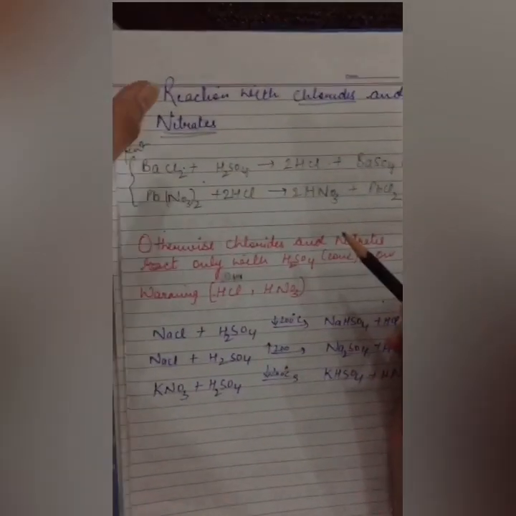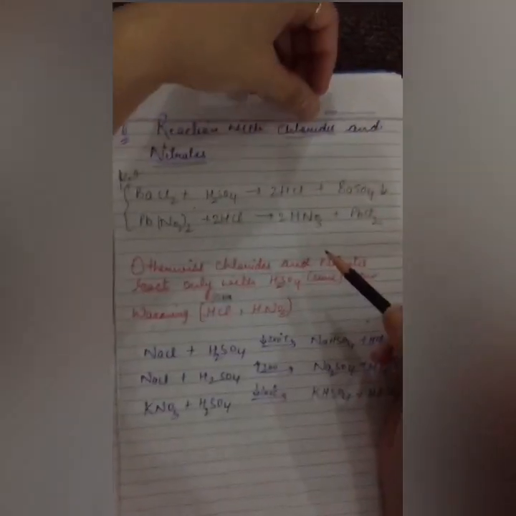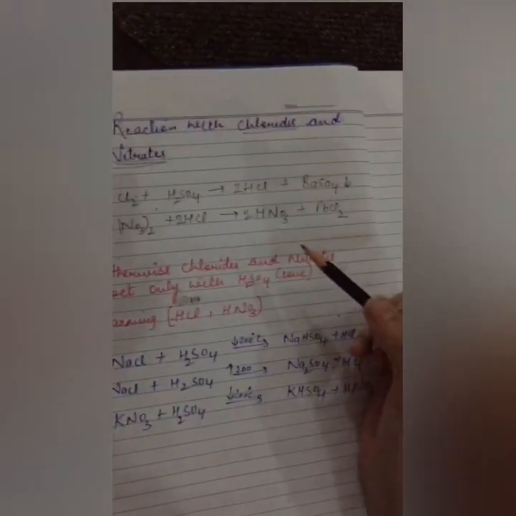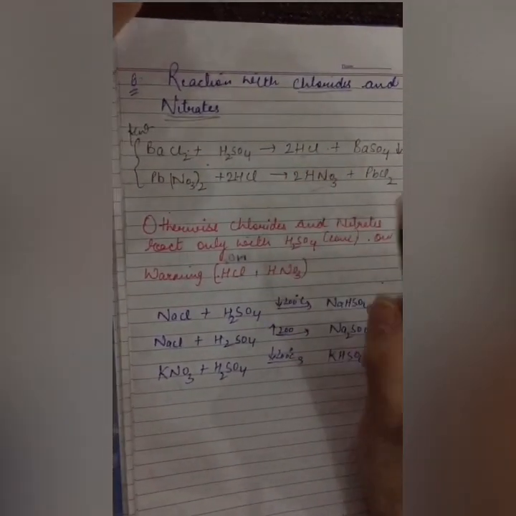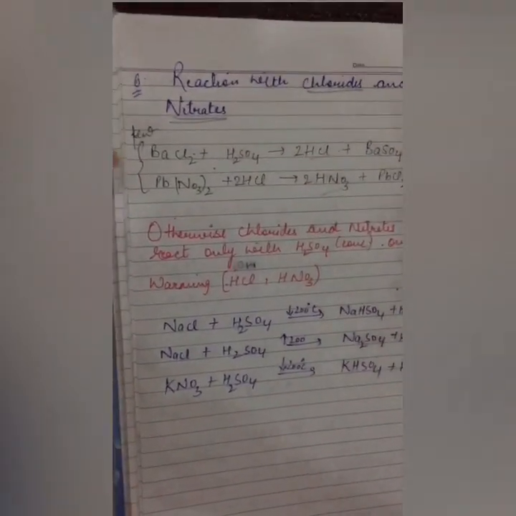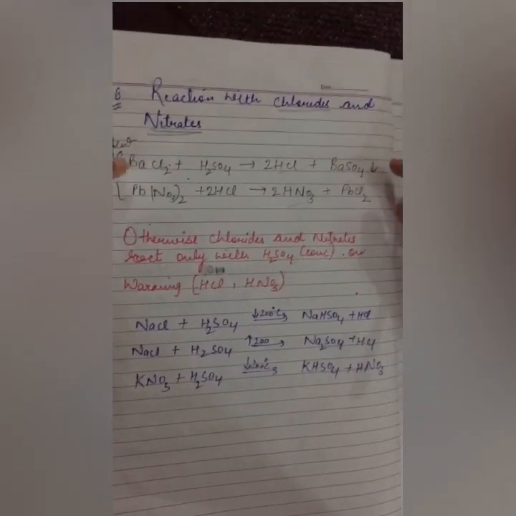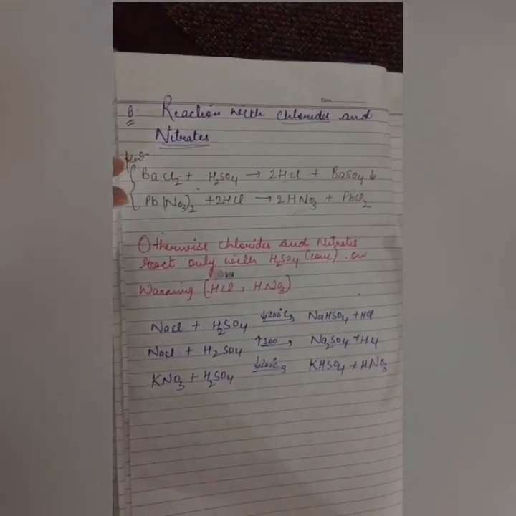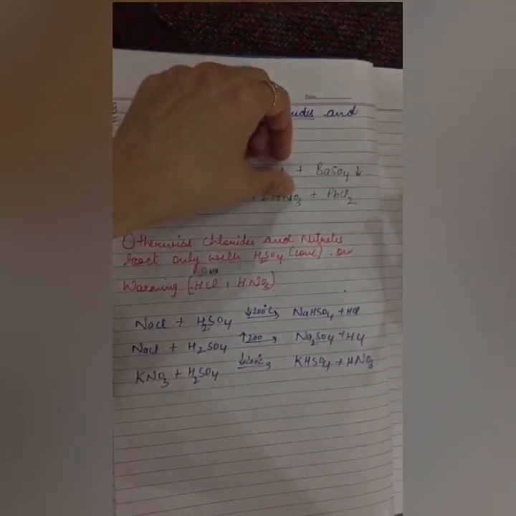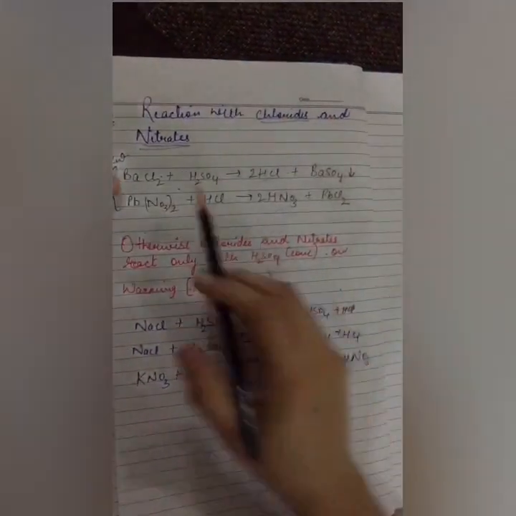Whenever acids react with chlorides and nitrates, they form HCl and HNO3. Both are acids, but these are two cases. See, only a few, like lead and barium salts, barium chloride or barium nitrate, form HCl and HNO3 this way.